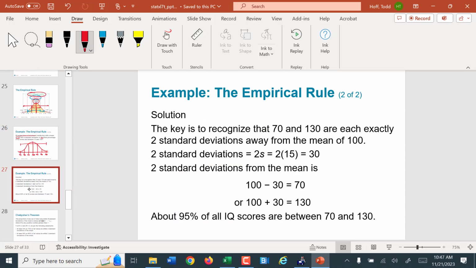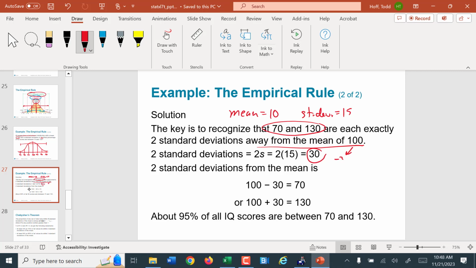With that idea of having a mean of 100 and a standard deviation of 15, what percent of the data should be between 70 and 130? Well, first we need to figure out how many standard deviations that is. If the mean is 100, that's 30 units away from 100.